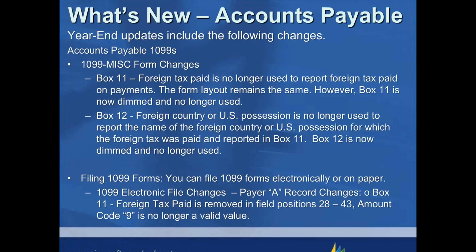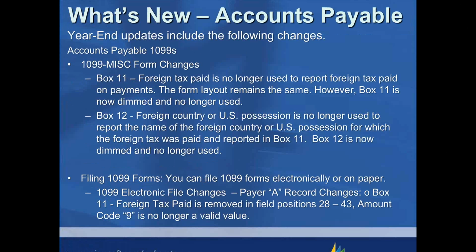Okay, what's new? In accounts payable, year-end updates include a number of changes. First off, I just want to talk a little bit about the forms and whatnot. So the 1099 miscellaneous form has the following changes. Basically, it's taken out the foreign tax paid issues, which is no longer being used.